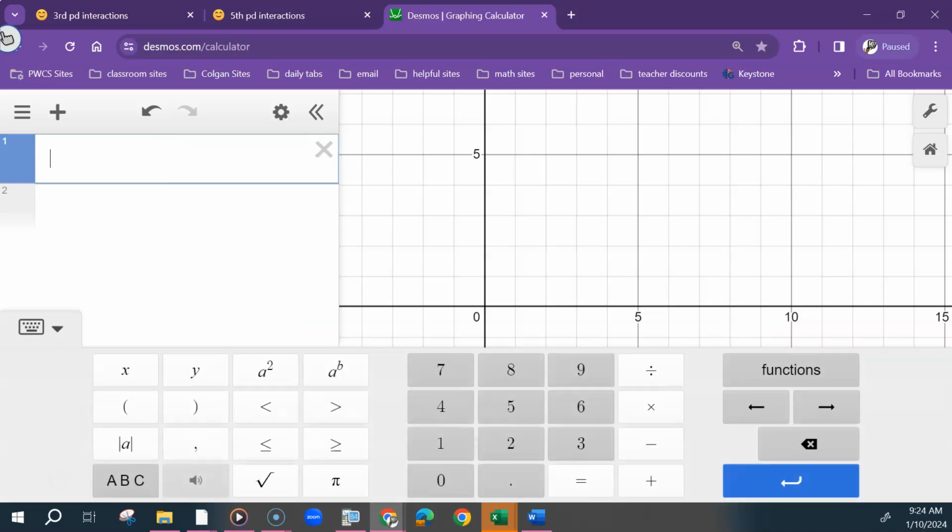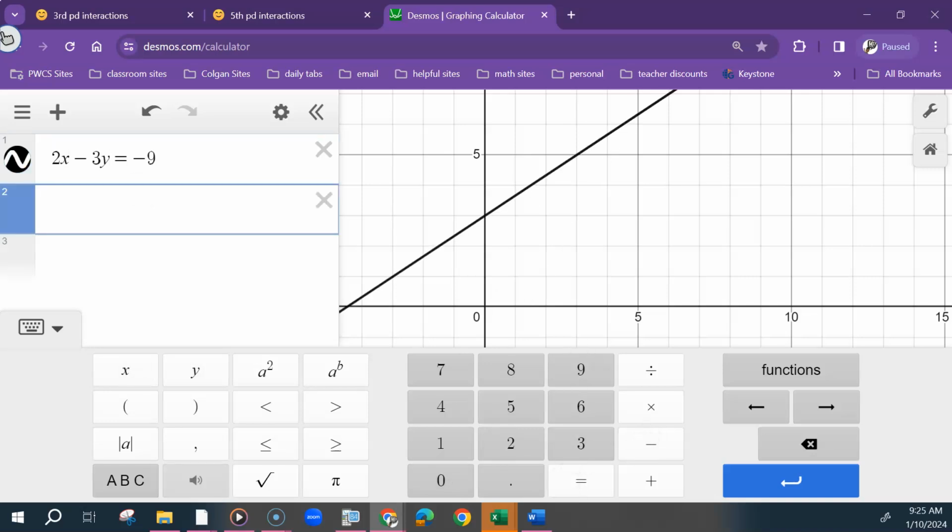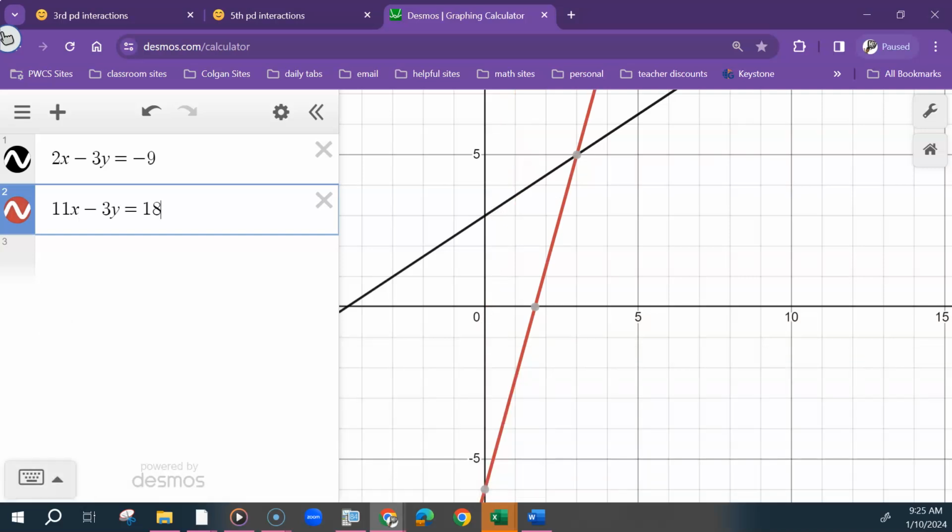If I put these both in, and you'll have time to do this in a bit, 2x minus 3y equals -9, and 11x minus 3y equals 18. And then I can see my 2 lines and see where the 2 lines cross. And then you would write that down.